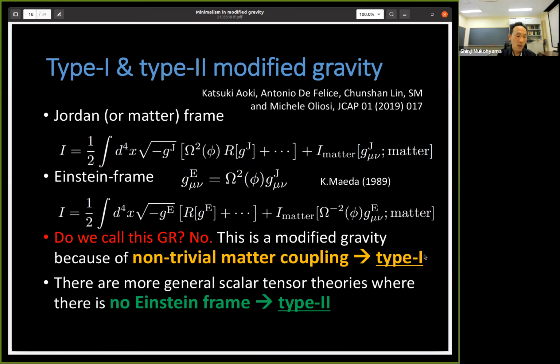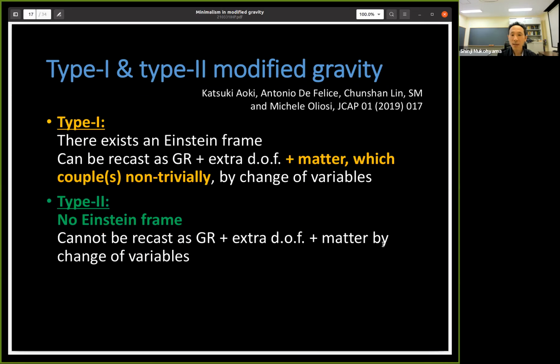On the other hand, there are more general scalar tensor theories where there is no Einstein frame. Let's call them type 2. Very simple. Let me repeat. Type 1: there exists an Einstein frame. Therefore, this kind of theory can be recast as GR plus an extra degree of freedom plus matter, which couples non-trivially, by a change of variables.